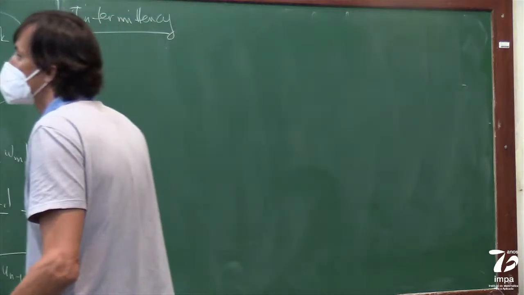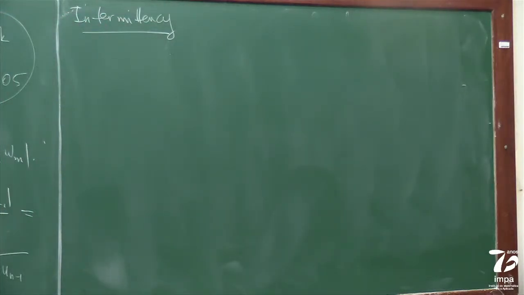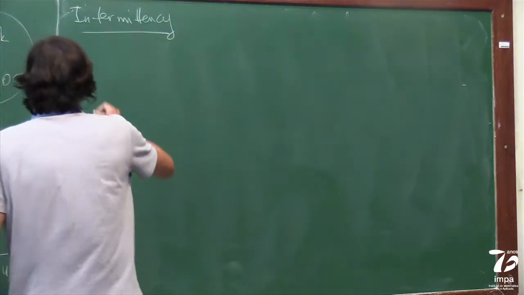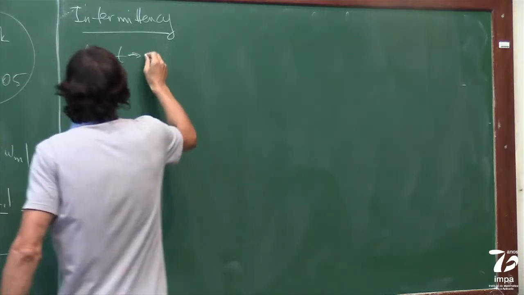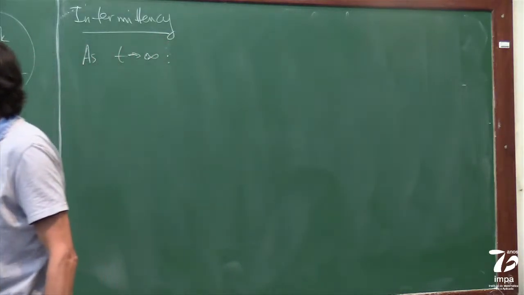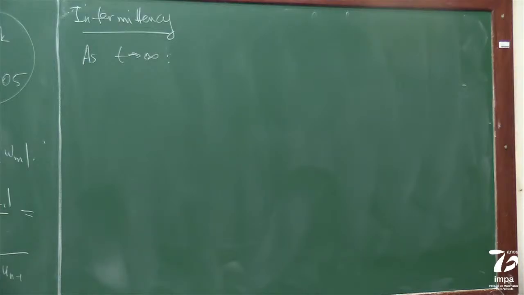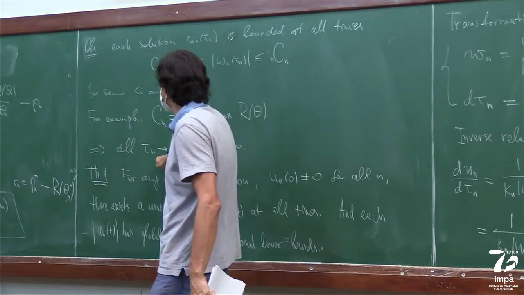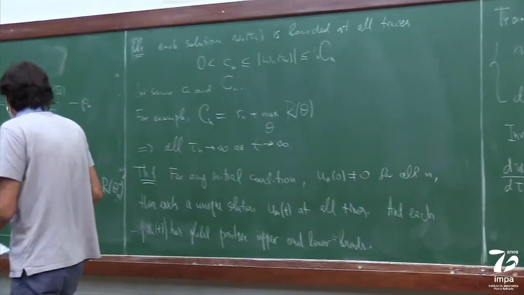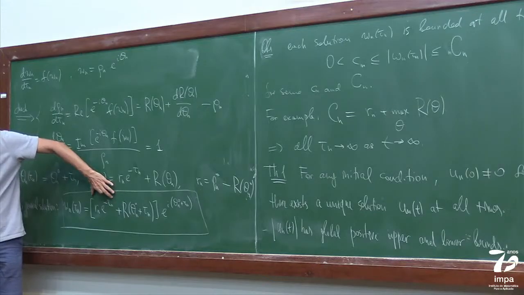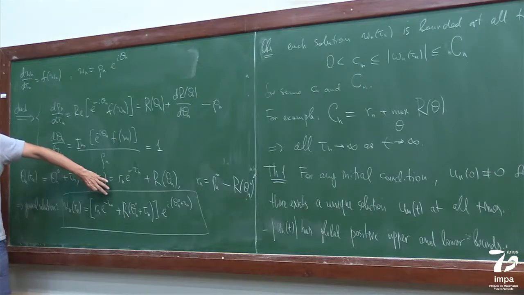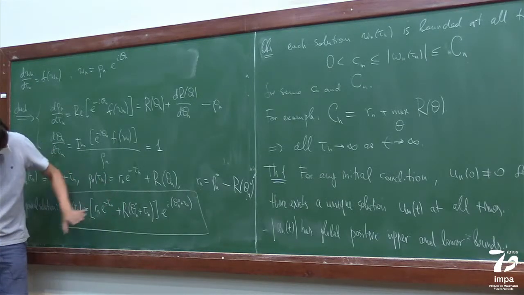We now want to compute structure functions, and structure functions correspond to the time averaging. So we're interested in the situation as time goes to infinity. As time goes to infinity, we know that all intrinsic times go to infinity. And what happens with the solution is that the first term exponentially decays and the rest will stay. So in this limit, at large times, the first term disappears, all the rest remains.